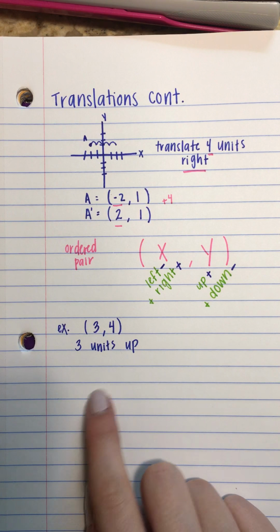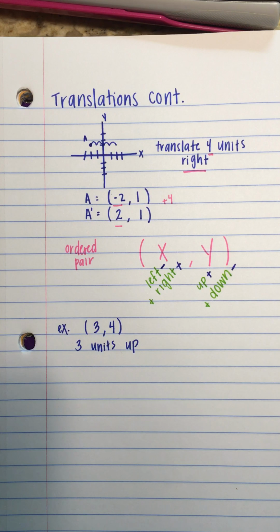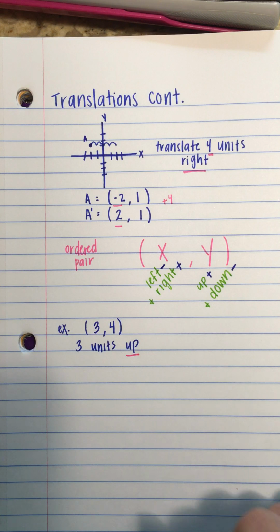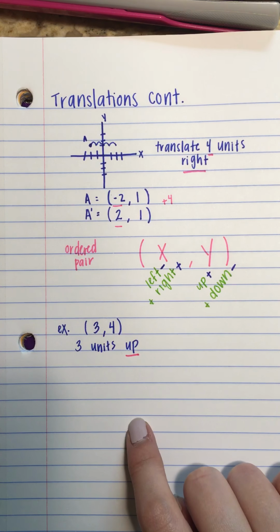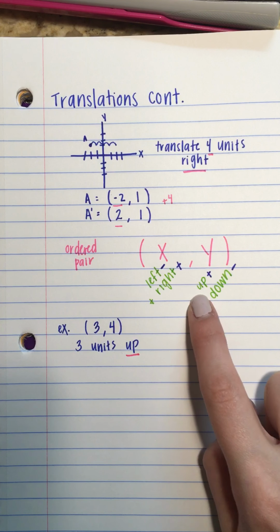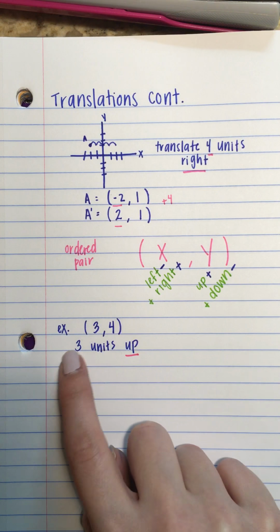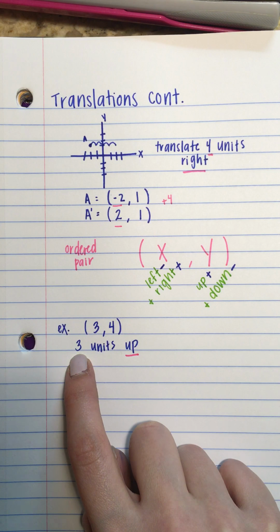If we're going to move right, we are going to add. So for example, 3 units up. We're moving up, so are we going to be dealing with the X's or the Y's? The Y's, right, because they control upward movement. Up means we're going to add. How much are we going to add? 3, right?